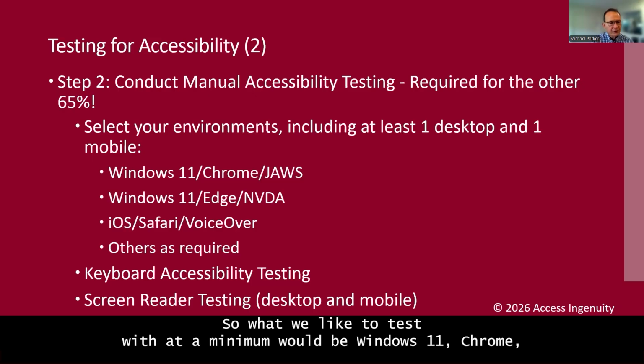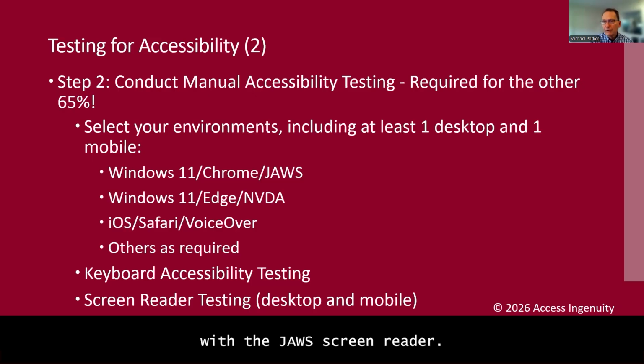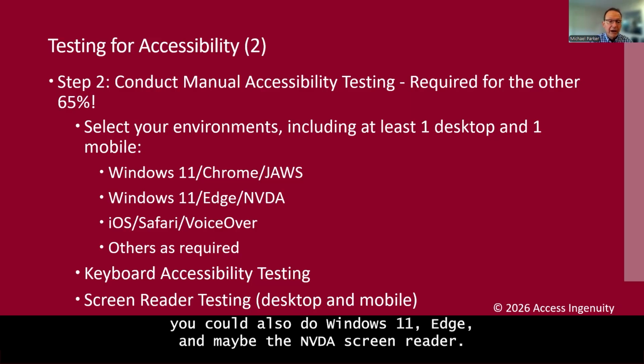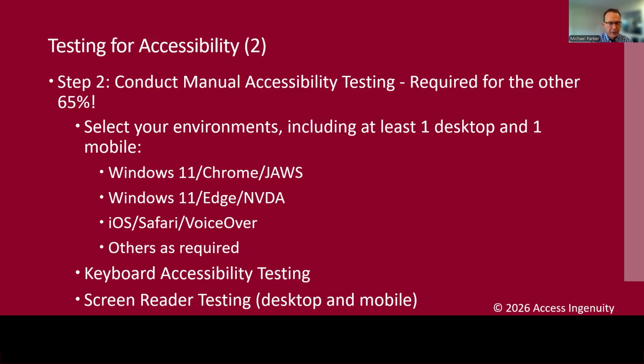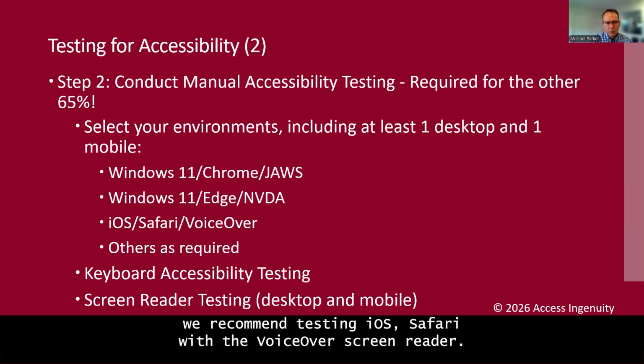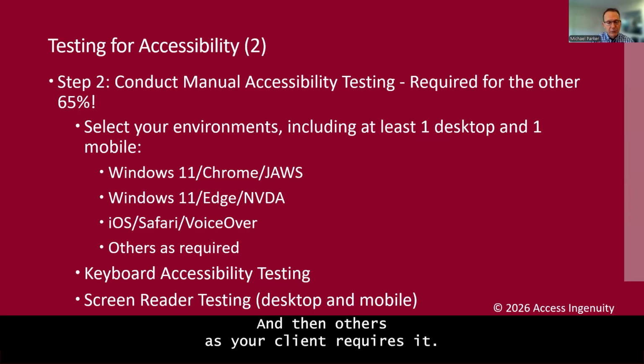So what we like to test with at a minimum would be Windows 11 Chrome with the JAWS screen reader. If you wanted to add to that, you could also do Windows 11 Edge and maybe the NVDA screen reader. And on mobile, we recommend testing iOS Safari with the VoiceOver screen reader, and then others as your client requires it.